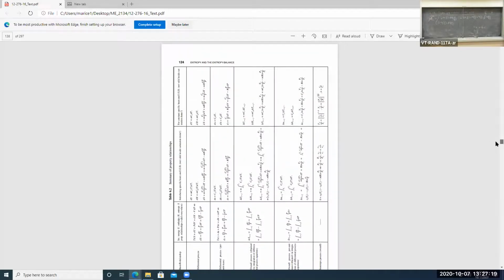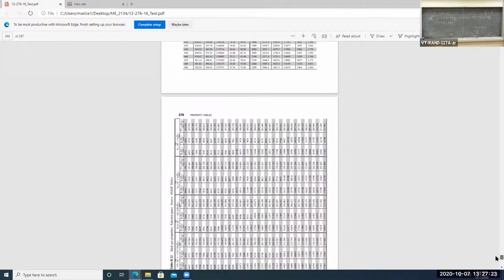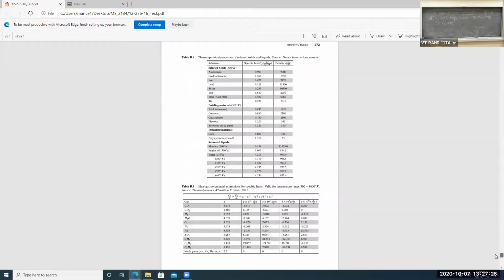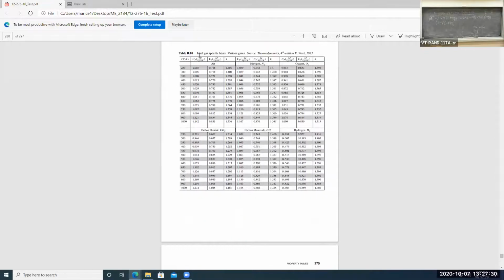Let's go to the ideal gas tables, and I'll remind you where k is shown. Here we have specific heats. Table B10, ideal gas specific heats for various gases. Temperature, Cp, Cv, the ratio. Here's k, for various gases as a function of temperature. Why? Because Cp and Cv vary with temperature. So k, the ratio of Cp over Cv, varies with temperature.